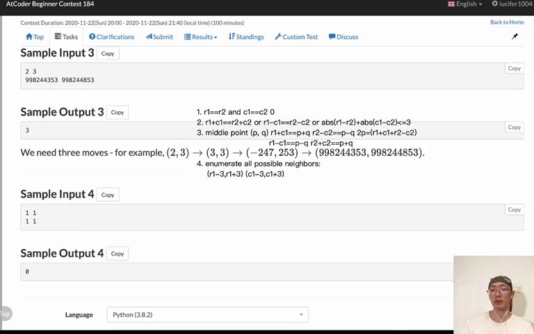For the valid points, that's (P', Q'), we will use it as a new middle point, and we will check, just like in the second case, whether we can go from (P', Q') to (R2, C2).